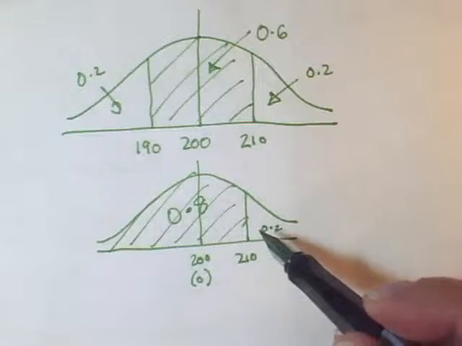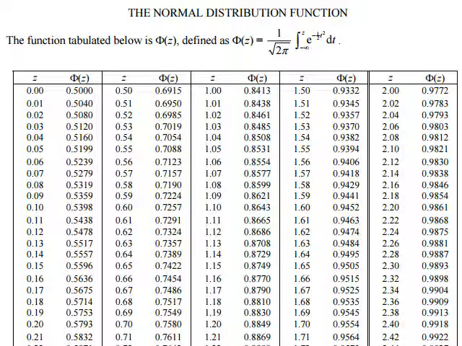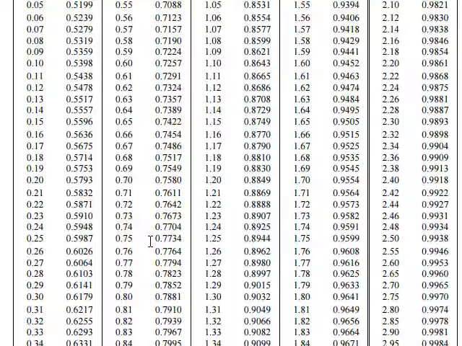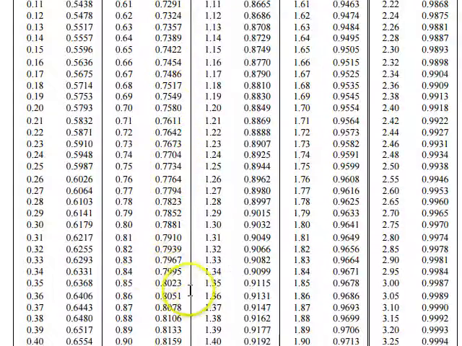Okay, now if we go to your formula booklet to see what you've got, this is a table you've got on page 18, which has Z values and the probabilities. This just means the probability that goes with the Z value. Okay, so if we want the probability to be 0.8, we could look for 0.8 here, and we could get close to it.